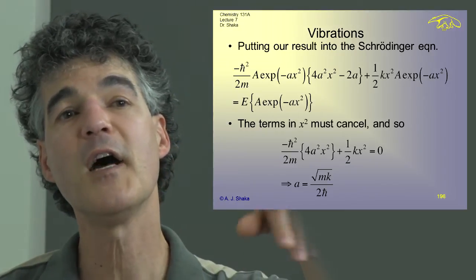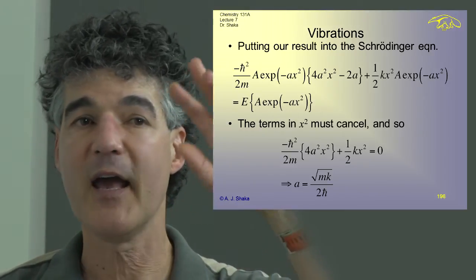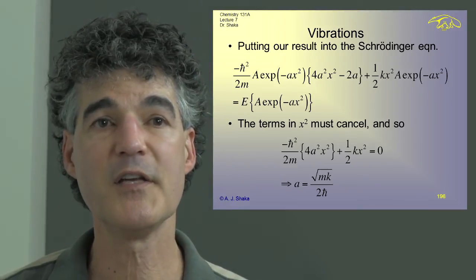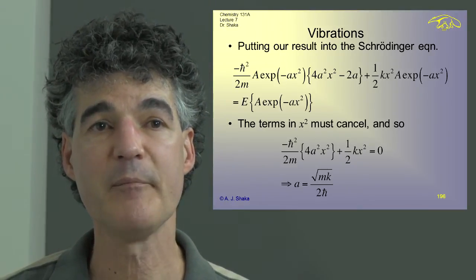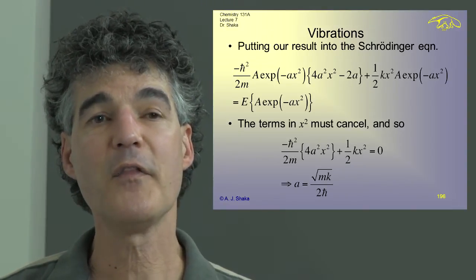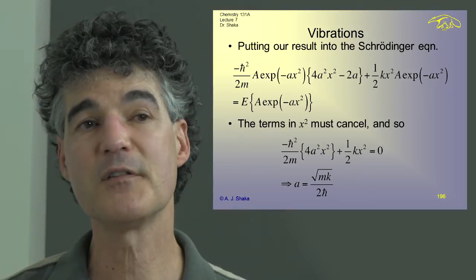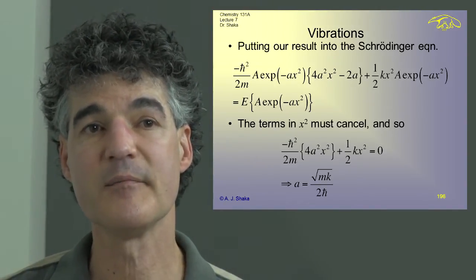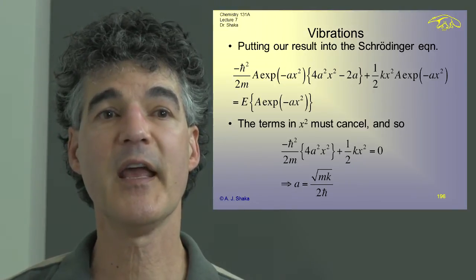And so now we can divide both sides by capital A e to the minus a x squared and get a relationship between little a and k. If we want those terms to cancel, because there's no x squared term on the right hand side, it's just E, the terms in x squared cancel.